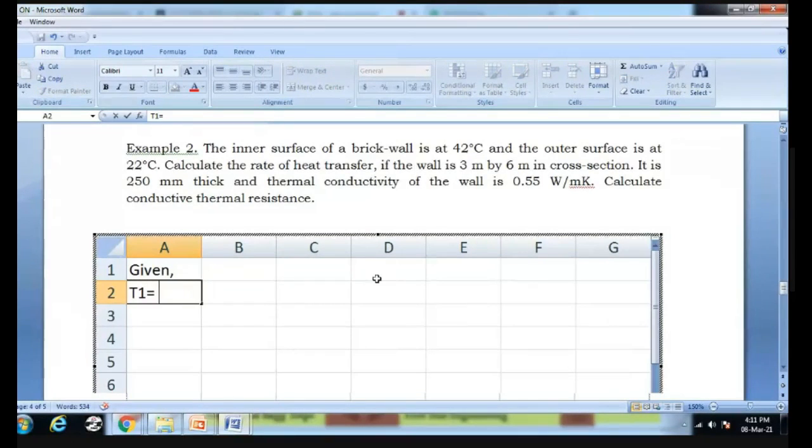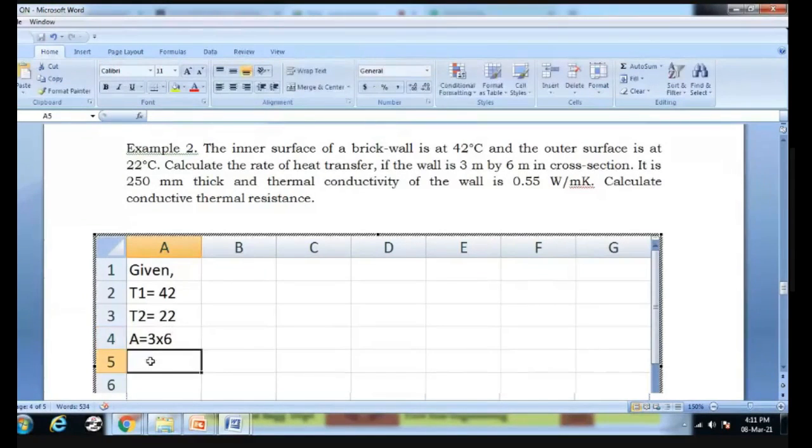T1, what is it? 42. Is it 42? Yes, 42 degrees Celsius. Then T2 is 22 degrees. Okay, fine. Then what do you have? The area. Area is 3 meter into 6. Yes, 3 into 6 you have.